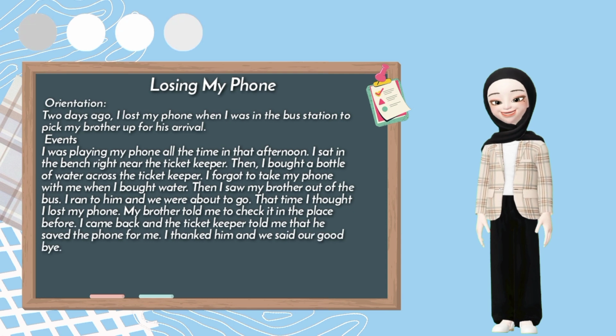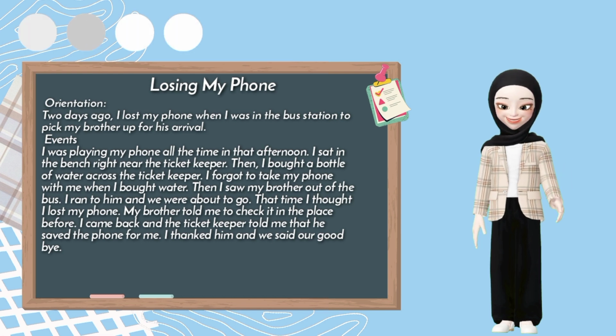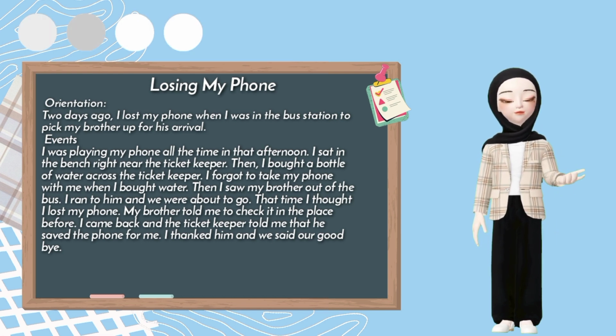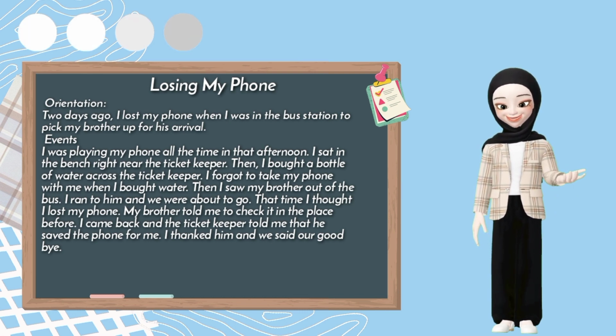Then next, the events. I was playing with my phone all the time in the afternoon. I sat on the bench right near the ticket keeper. Then I bought a bottle of water across from the ticket keeper. I forgot to take my phone with me when I bought water. Then I saw my brother out of the bus. I ran to him and we were about to go.